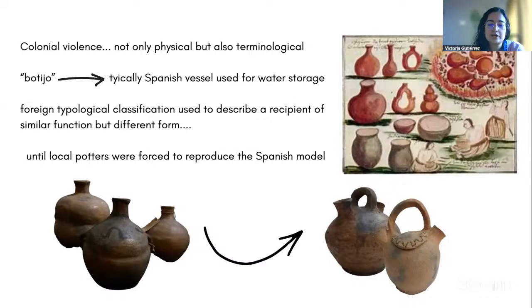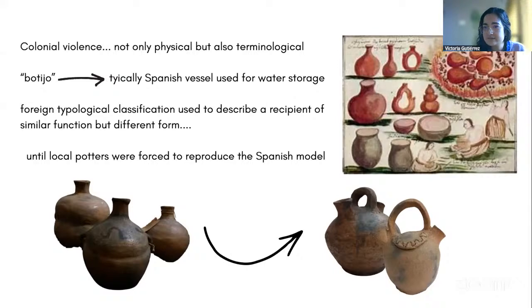In both situations, we can see how foreign typological categories were transferred onto objects belonging to entirely different cultural traditions. And what is more, eventually, indigenous potters were even pressured by Spanish to reproduce forms closer to the original colonial models that were called the original botijos, right?